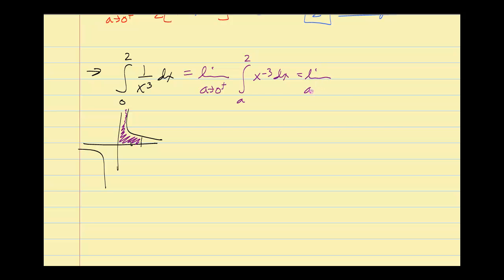Nice little Calc 1 problem. Drag along my limit notation. X to the negative 3, I'd add 1 to give me a negative 2, divide by the sum. Rewriting with our limit notation, I'm left with negative 1 over 2x squared. And this is going to be evaluated from a to 2.